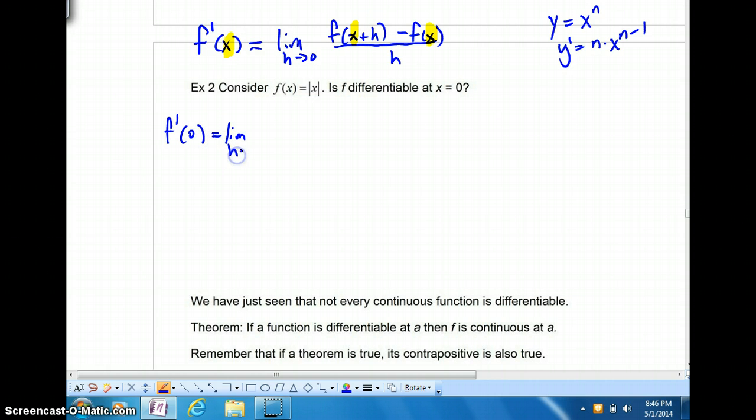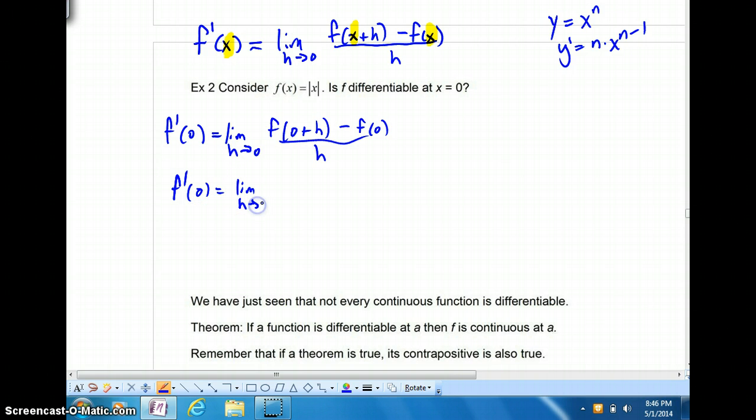And as we're working this out, this will become f of 0 plus h minus f of 0, divided by h. And let's see what exactly is happening here. We can see that f prime of 0 is then this limit.